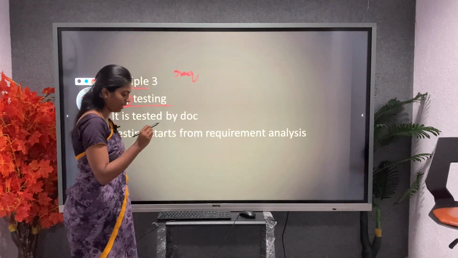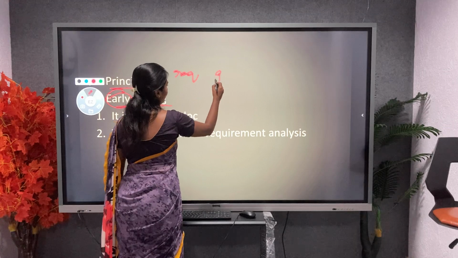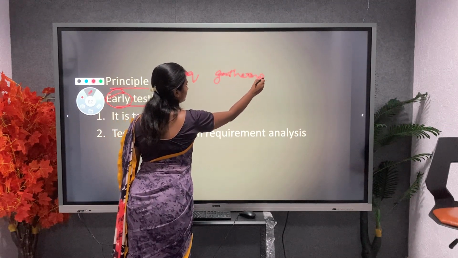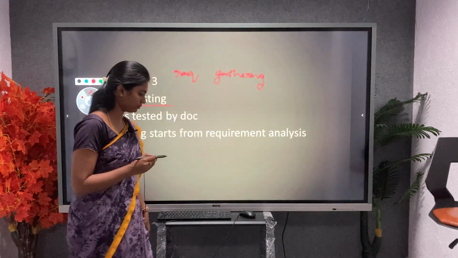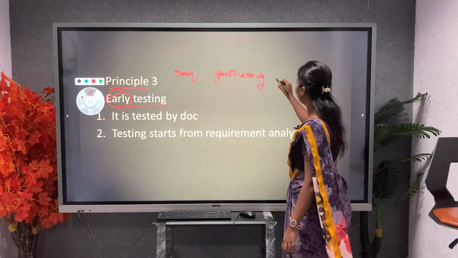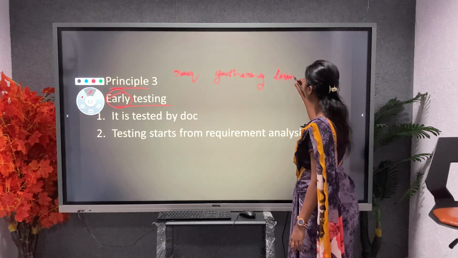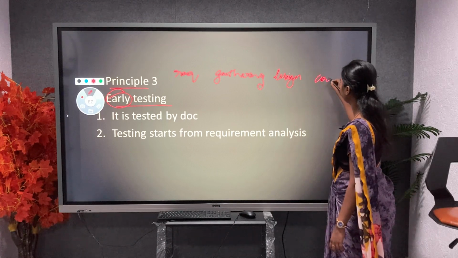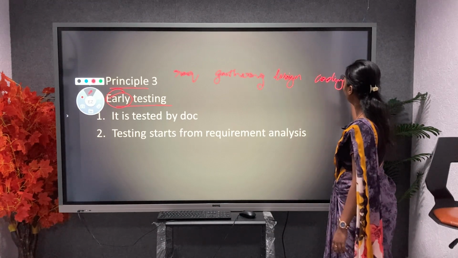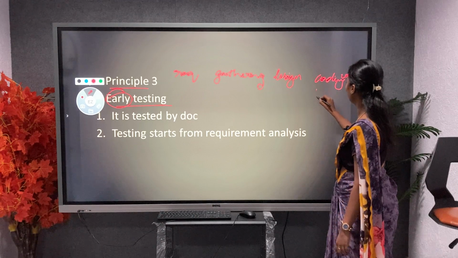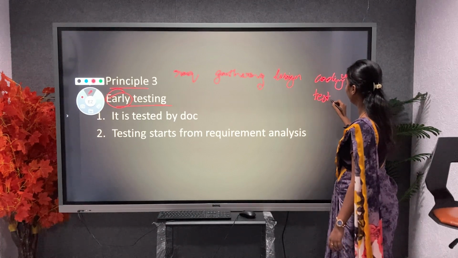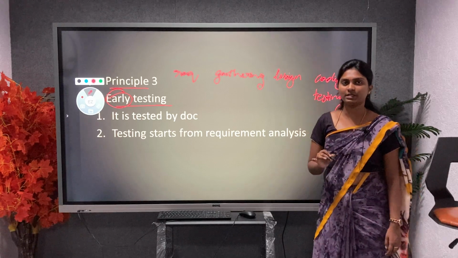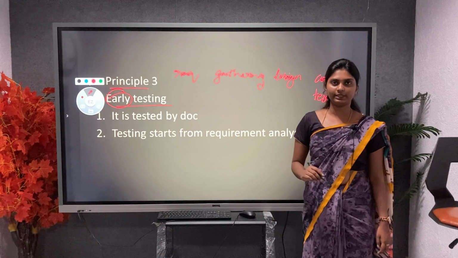First step requirements, next gathering, next step design, next phase coding or testing. These are the 4 phases which are involved in early testing.